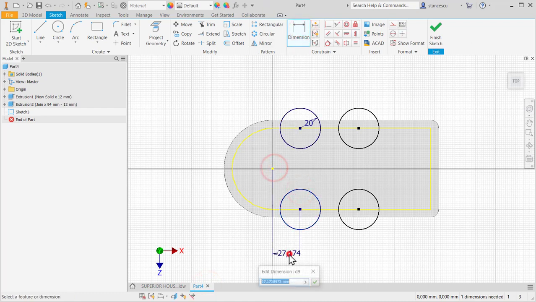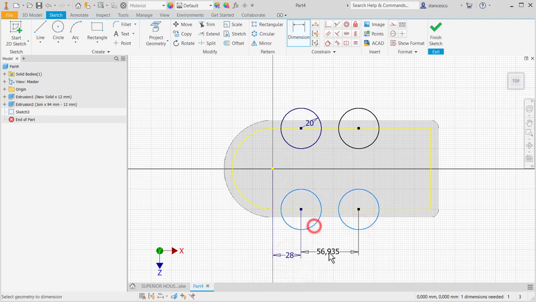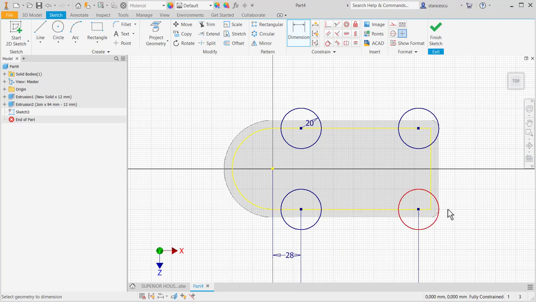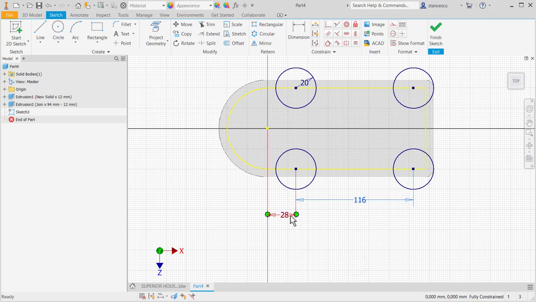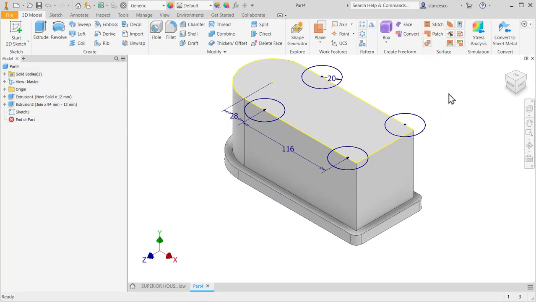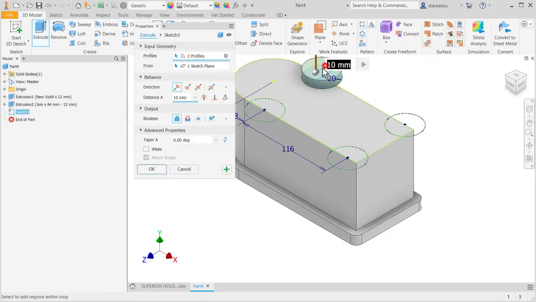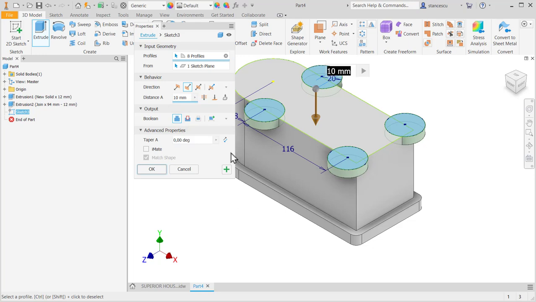28 and 116, not 60, 16. Good. Extrude. 1, 2, 3, 4, and the other direction as join 2.